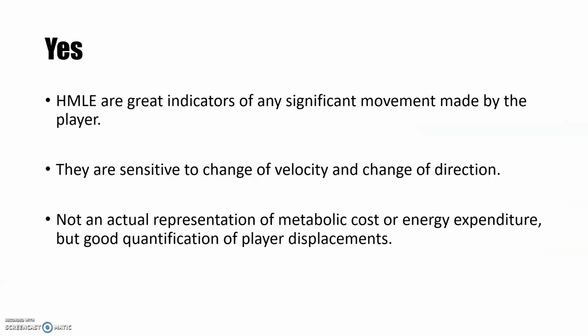I think HMLE is a great indicator of any significant movement made by the player. They are sensitive to change of velocity and change of direction, and even though they might not be an actual representation of the metabolic cost for the player, I think they're a good quantification of player displacements. So if you're not too concerned about the actual number of the energy expenditure made by the player, you can still use HMLE to quantify those player movements or those high intensity actions made by the player.